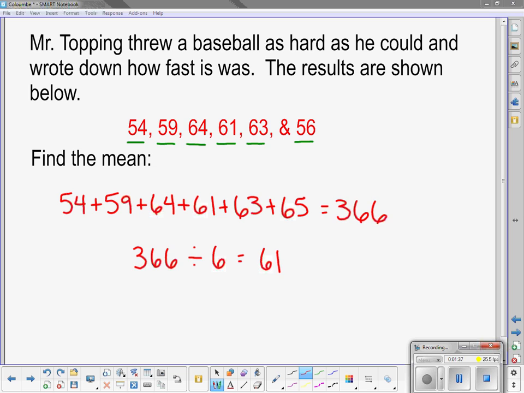Now that means that the mean equals 61. Another way to write mean is with an X and a bar over it, and that's pronounced X bar, or mean is 61.